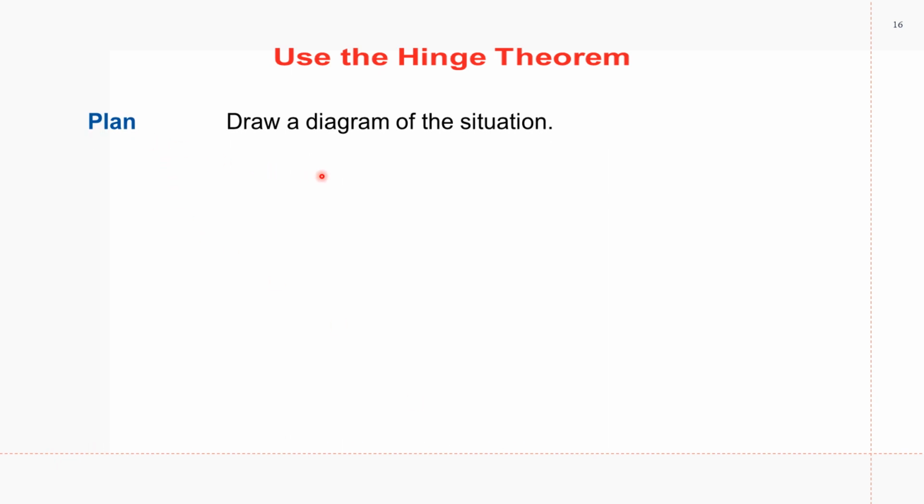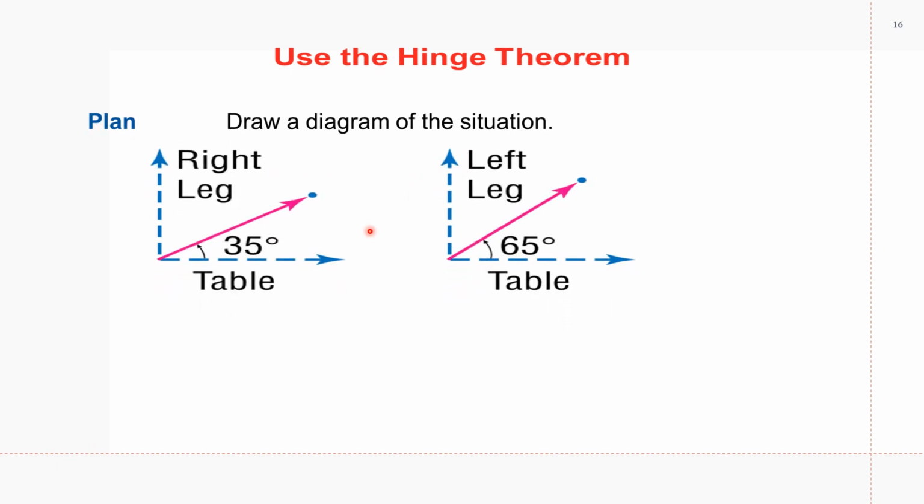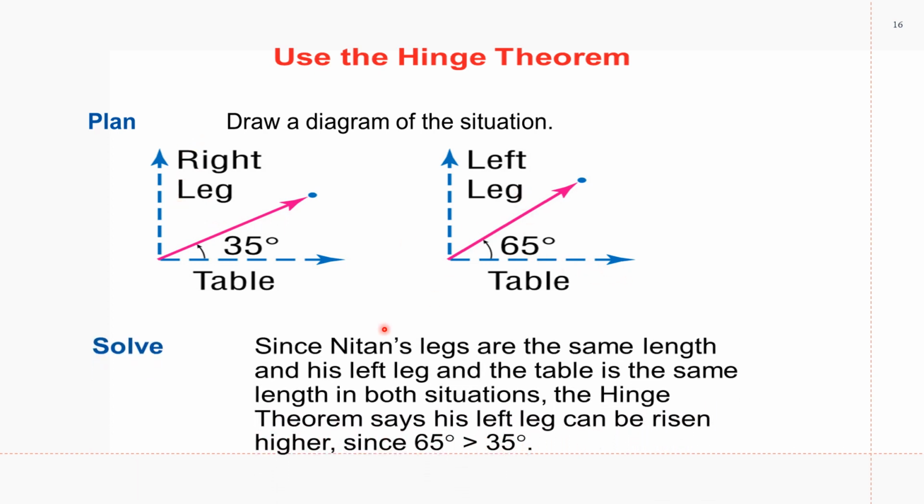Then plan: draw a diagram of the situation. So we have here, this is the table. We have 35 degrees for the right leg and 65 degrees for the left leg. Since Nathan's legs are the same length, the Hinge theorem says his left leg can be raised higher since 65 degrees is greater than 35 degrees.